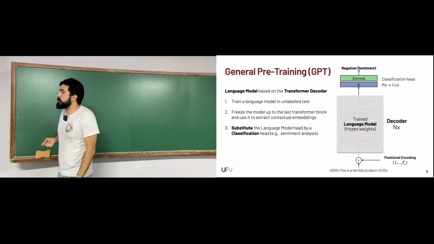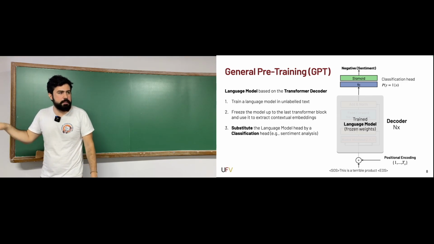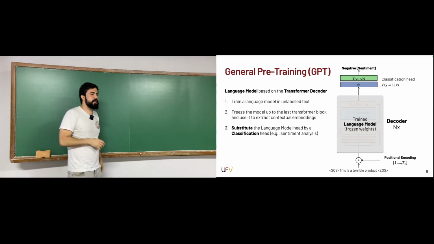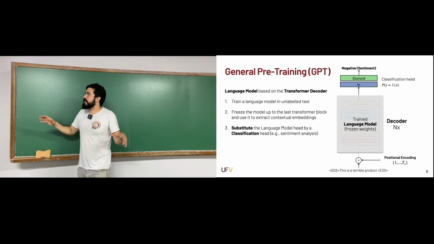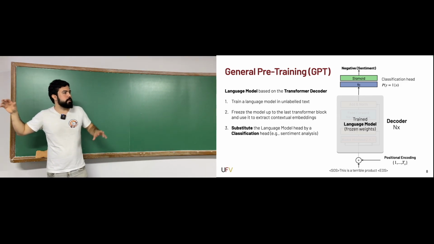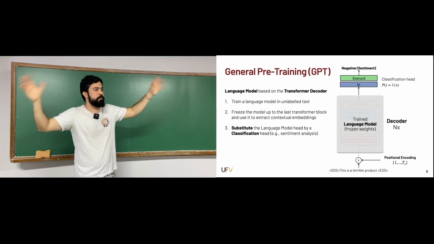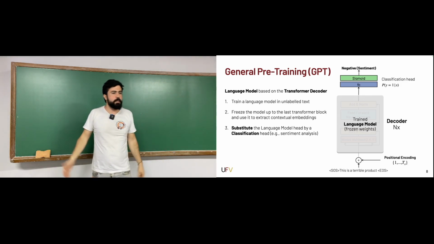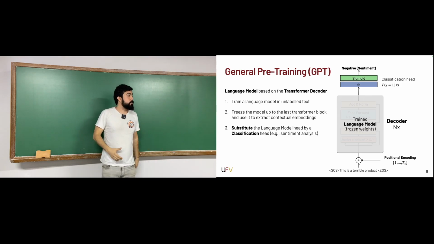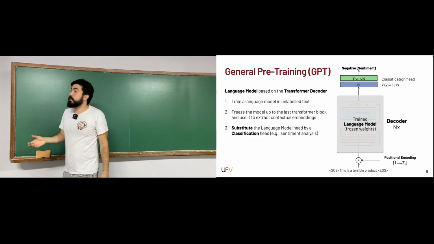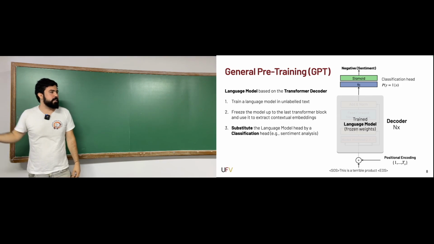This is now one of the standard approaches for any NLP task. If you're working with natural language, most likely you're going to use a pre-trained model that was trained by Google or some other big tech company, because they trained this very large model that you don't have to retrain anymore. You can just use it to extract embeddings.